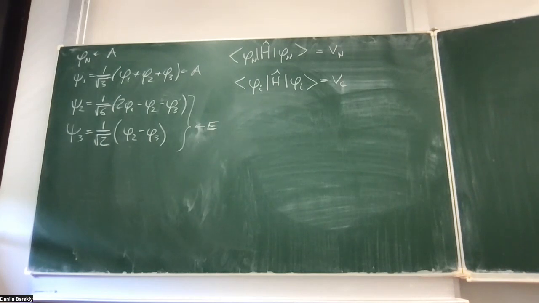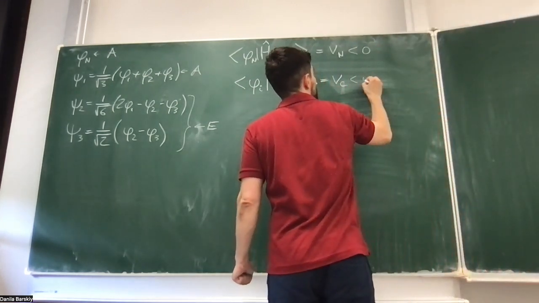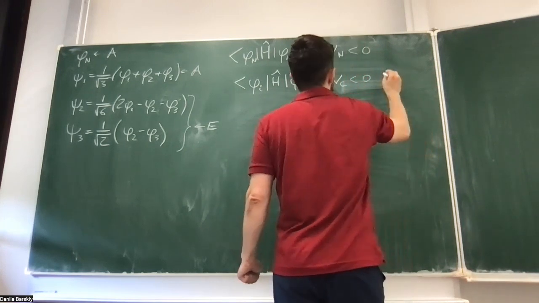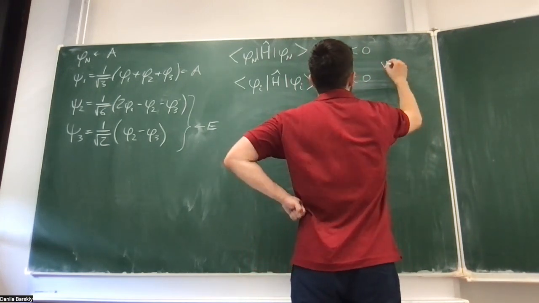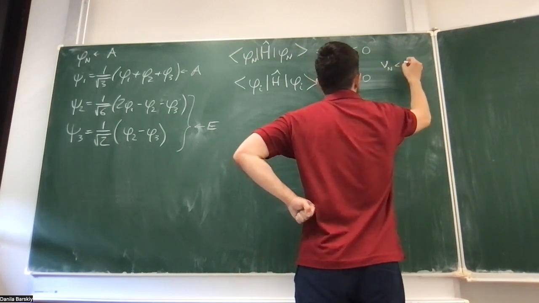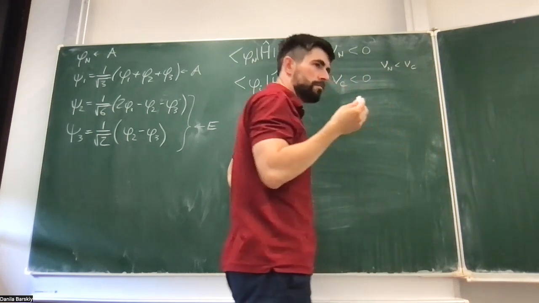And as I said before, first of all, I assume both of these numbers are negative. But I also assume that nitrogen is still a little smaller than carbon. It's my assumption.